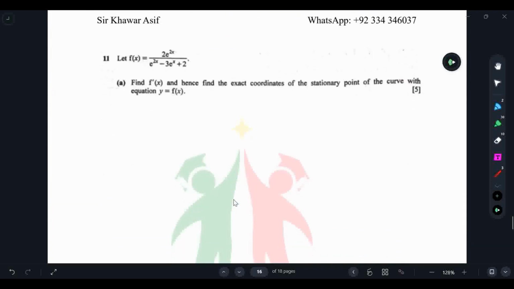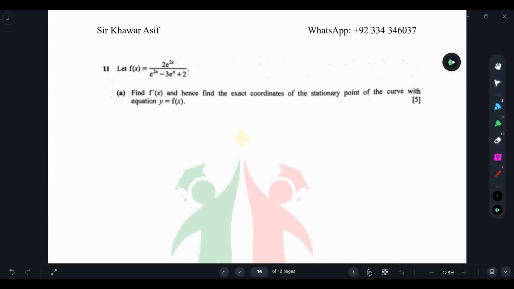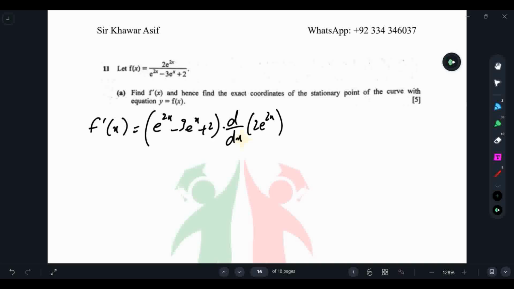Let's move to the next question, question number 11. Now in question number 11, they're saying to find the derivative of this. So we know that we have to apply the quotient rule. So this will be equal to first into derivative of second, so d by dx of second, 2e power 2x, minus second into derivative of first.